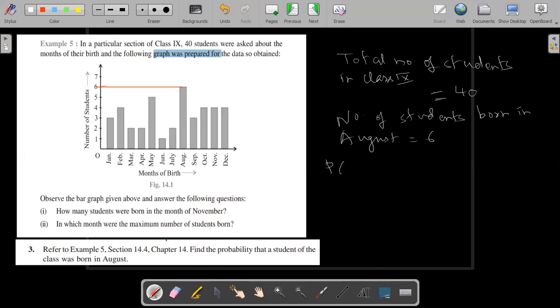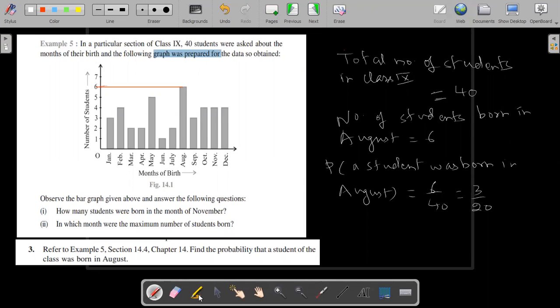Therefore, the probability that a student was born in August will be equal to 6 by 40. 2 3s are 6, 2 2s are 4. So 3 by 20. Okay, 3 by 20.